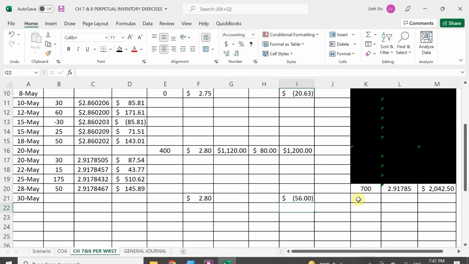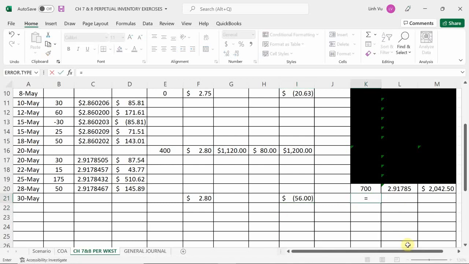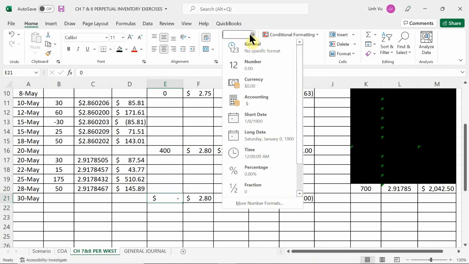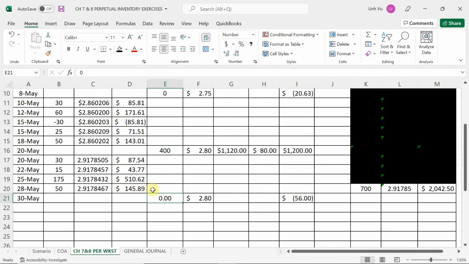Okay. So obviously, this discount's not going to affect my items on hand. Because this is 0, 0 does not affect my discount, does not take away my items.